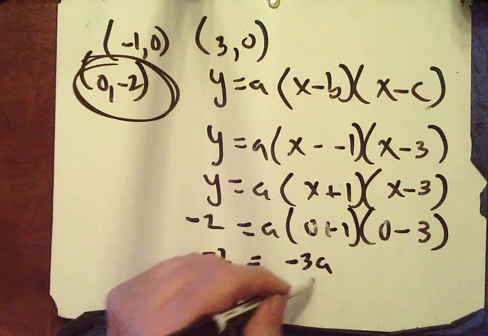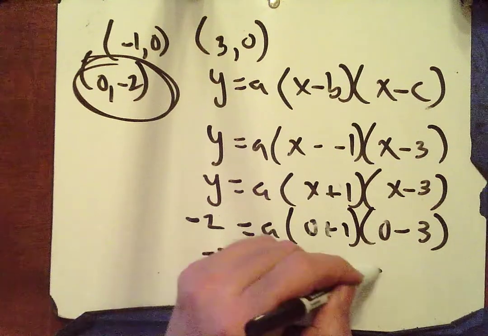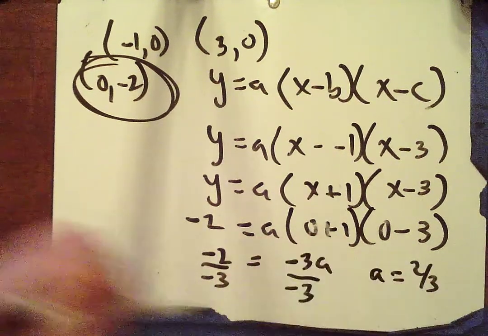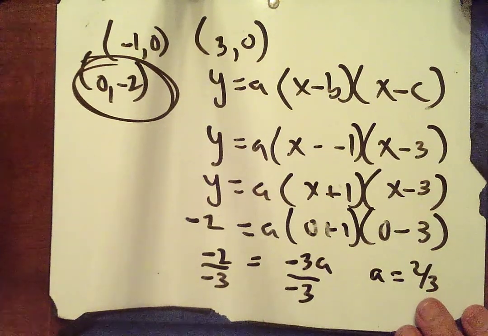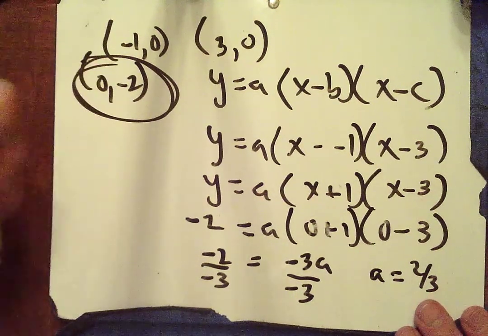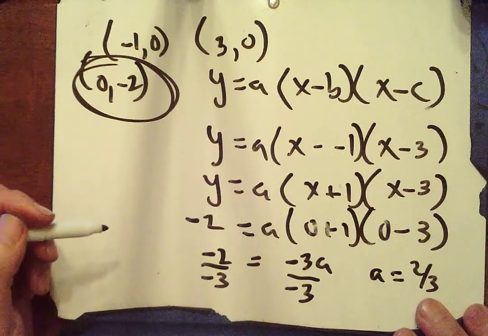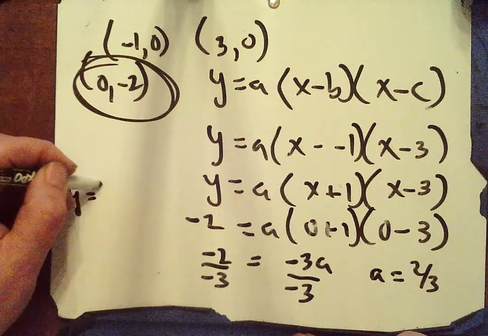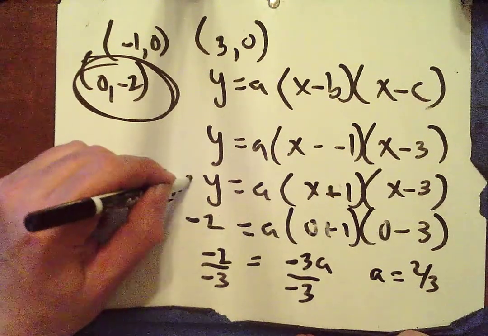It equals negative 2, and if I divide both sides by negative 3, I get that a equals 2/3. A positive a value makes sense to me here, where we see an up-pointing parabola. So y equals 2/3 (x plus 1)(x minus 3).